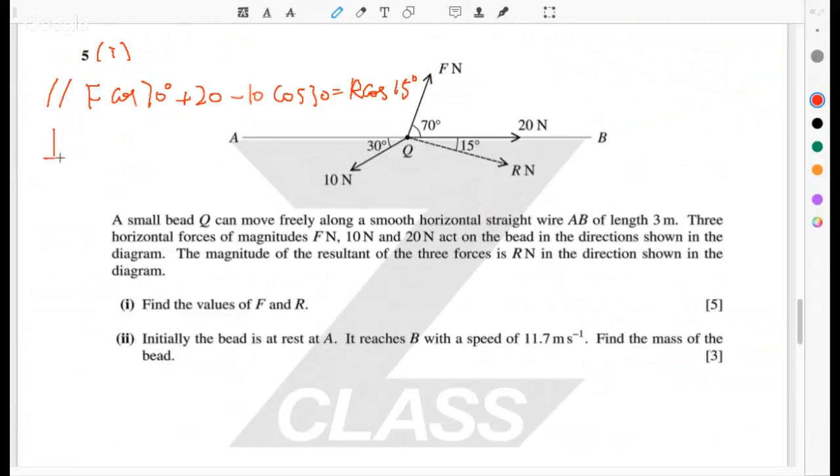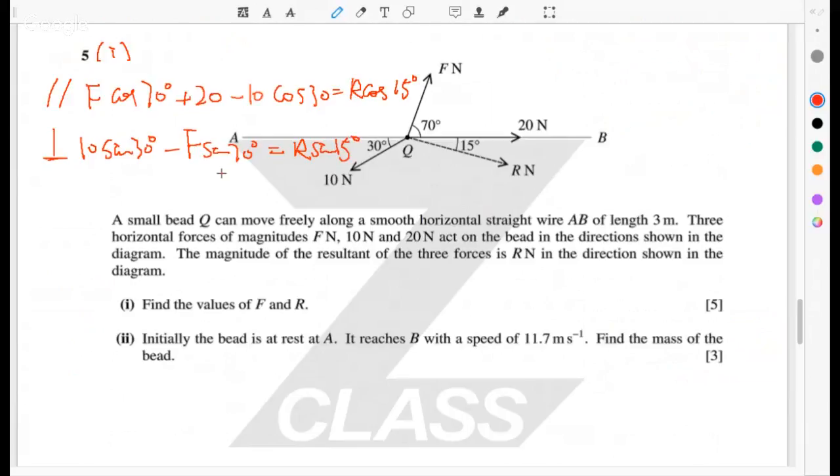And the forces in the vertical direction, we have 10 sine 30 degrees acting downwards, and we have F sine 70 degrees acting upwards, and that will be equal to the resultant force acting downwards, R sine 15.